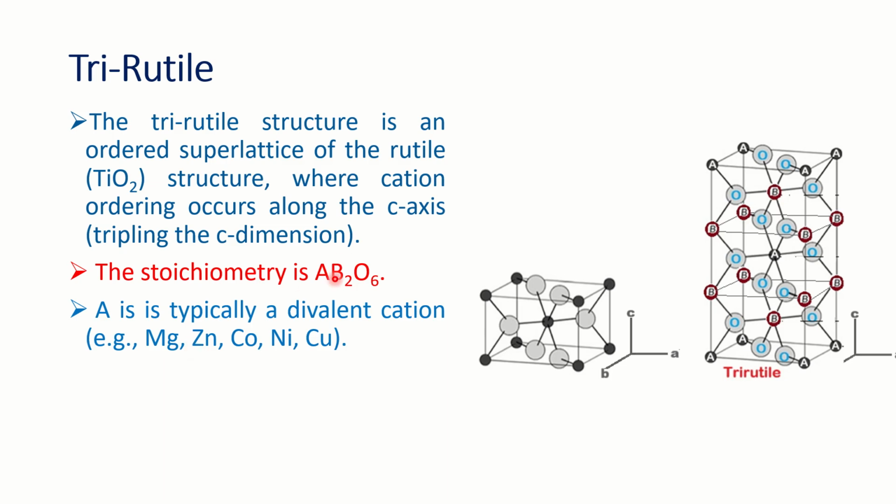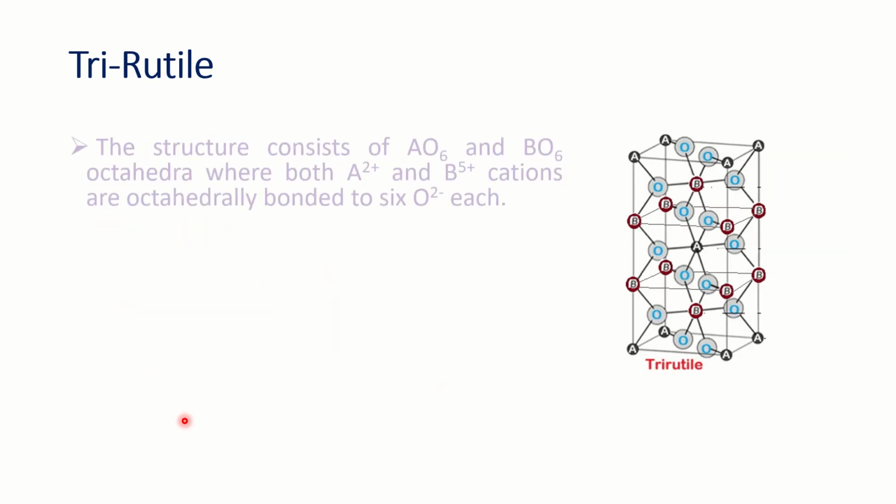On the other hand, B is a pentavalent cation. Among these, A may be magnesium 2 plus, zinc 2 plus, cobalt 2 plus, nickel 2 plus, cupric ion, etc. And B is a pentavalent cation. These pentavalent cations may be tantalum, antimony, niobium, etc.